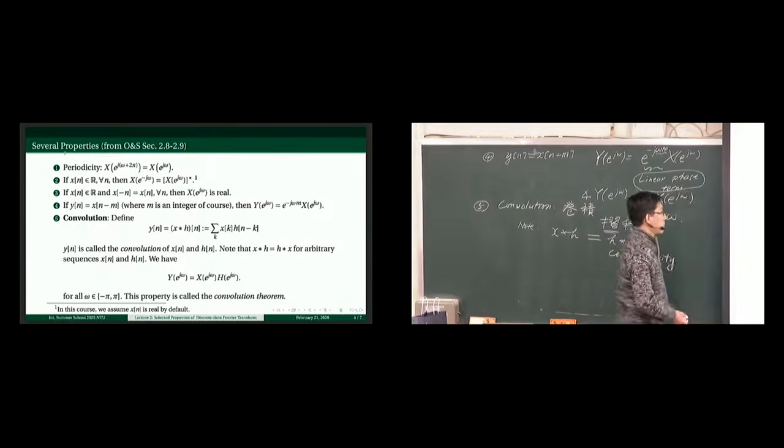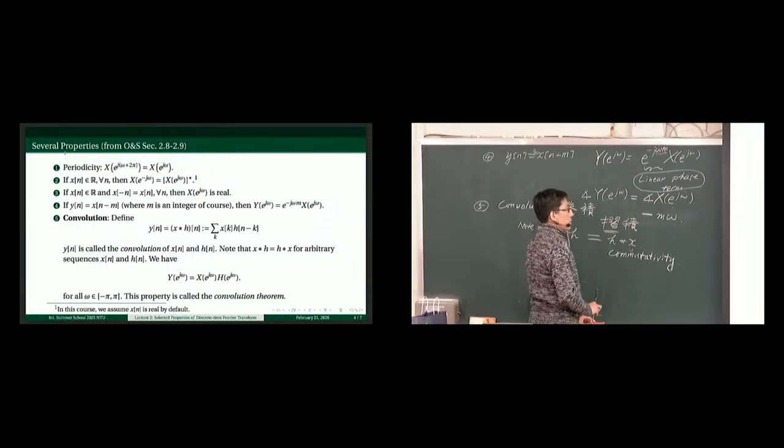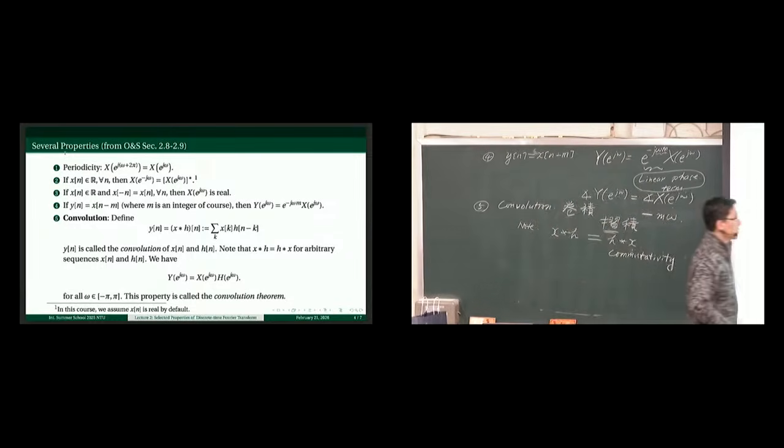Convolution in time, multiplication in frequency. So now I would like to take some time for us to work out how to verify the convolution theorem. That's what we are going to do next, probably before the break.